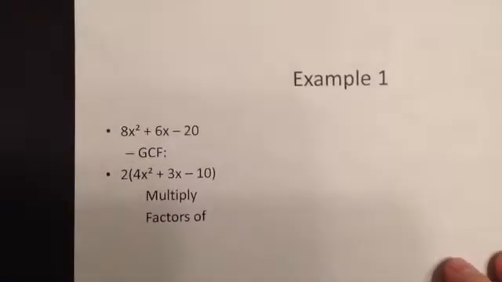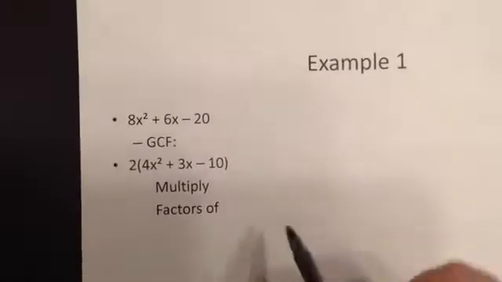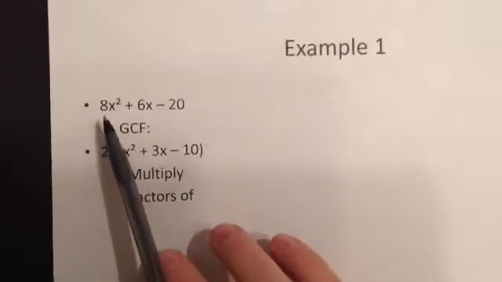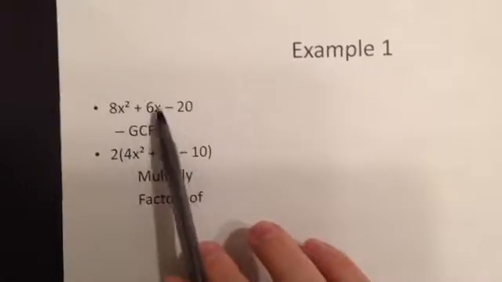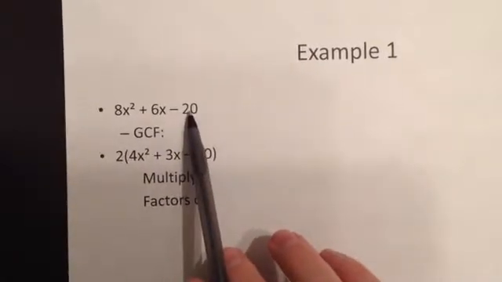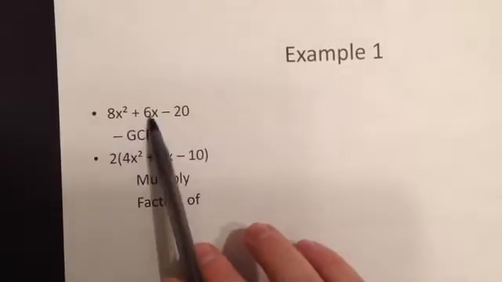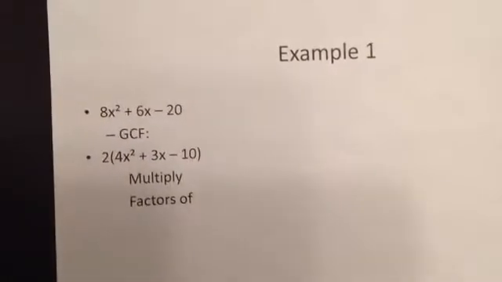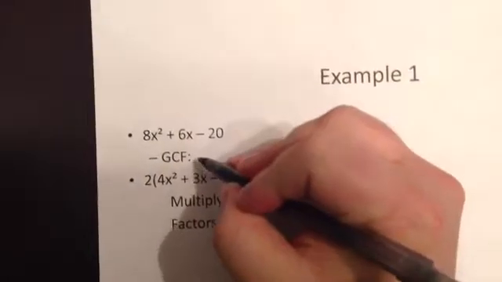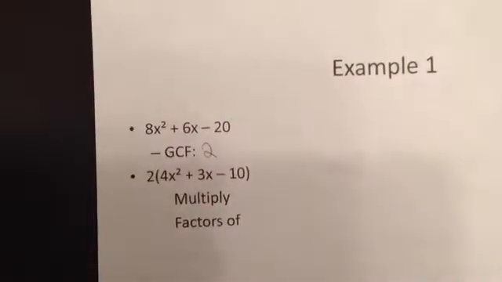Example number 1. The first thing we need to do is find the greatest common factor. If you look at 8, 6, and 20, all three of those numbers are divisible by 2. So that would be our greatest common factor.